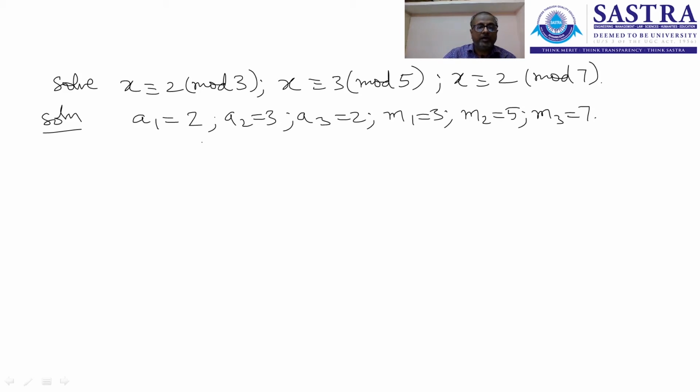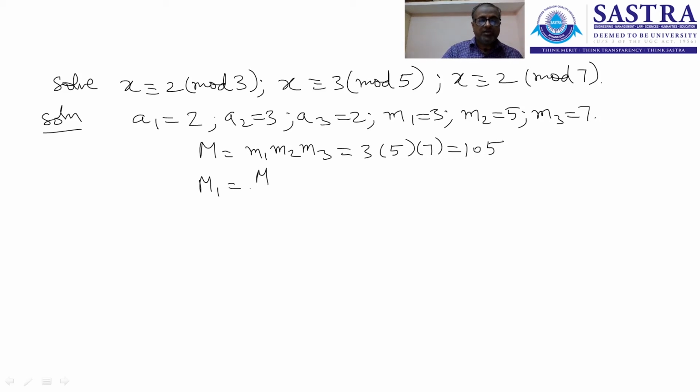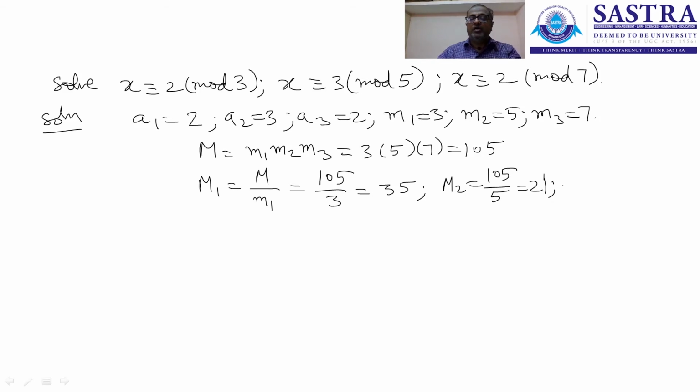Now I calculate M, which would be M1 M2 M3, which is 3 into 5 into 7, nothing but 105. Then I calculate M1, which is capital M by M1, 105 by 3, which would be 35. M2 would be 105 by 5, which would be 21. And M3 would be 105 by 7, which would be 15.